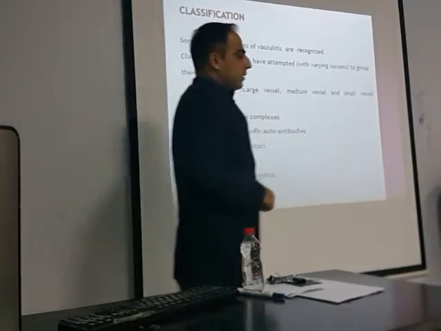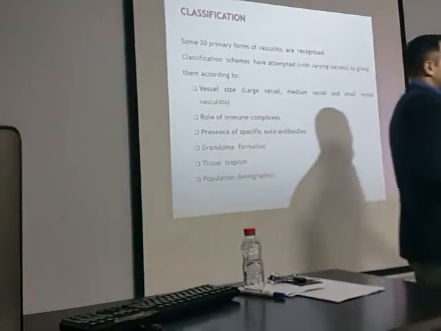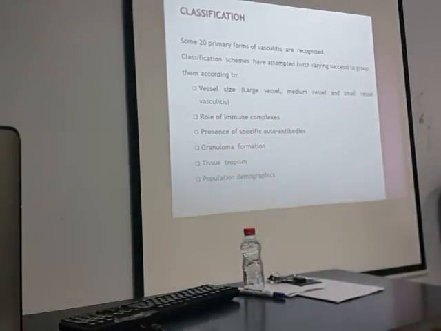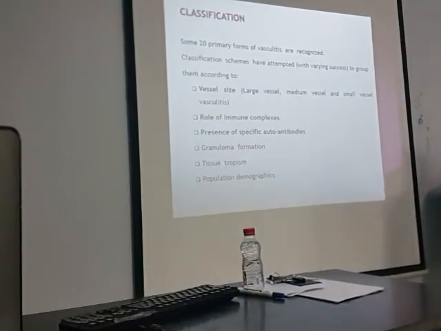Classification. There are many different classifications which have been attempted with some success, about 20 different classification categories. We will not discuss all of them, only one. We are classifying according to vessel size. Mainly we will take into account large vessel vasculitis, of which we have two types.